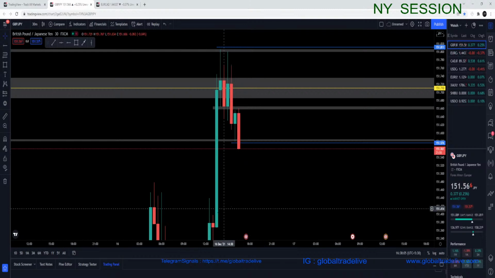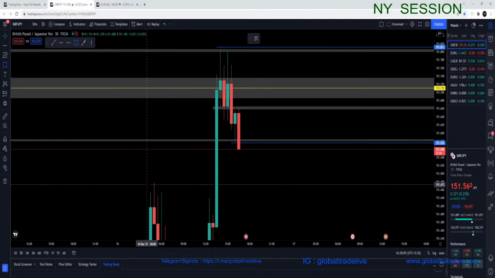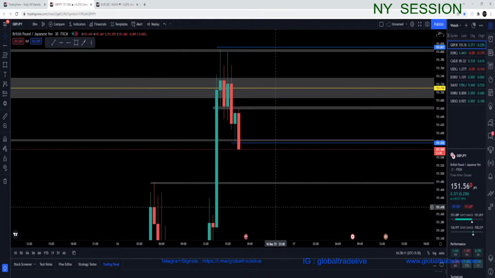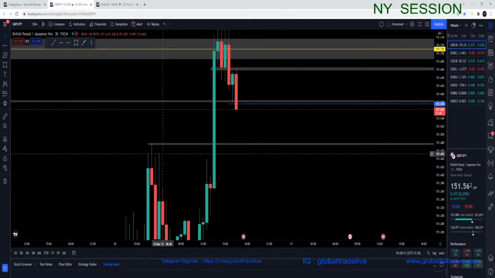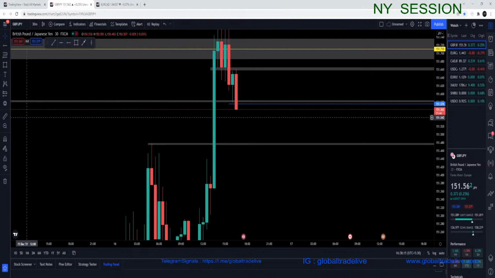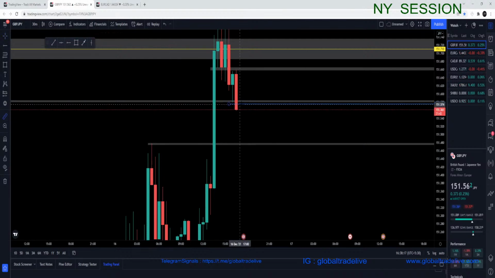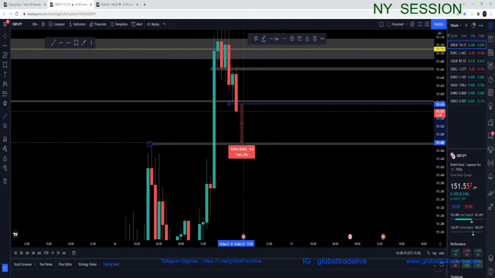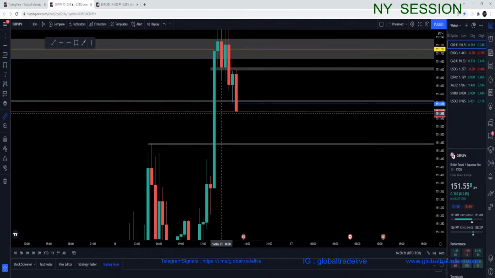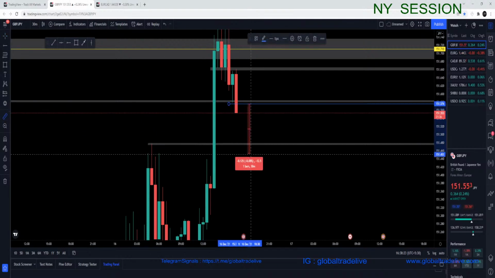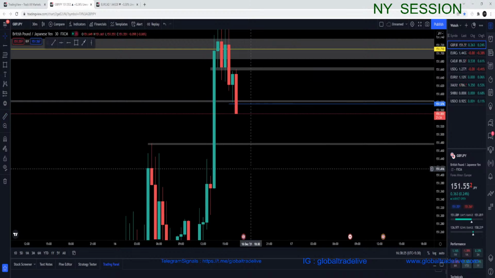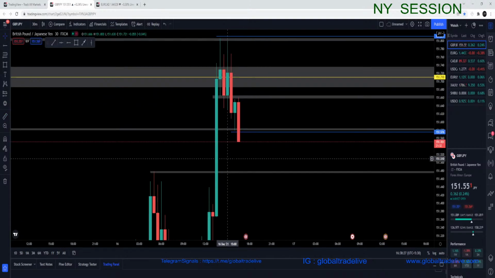Because according to me it should reach this area, but the problem is this wick over here and these wicks over here, which are making the range really tight, like just 9.4 pips, 12 pips, so really difficult.